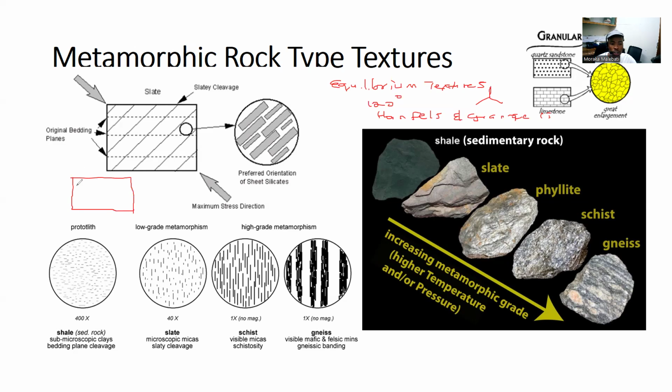This shale will have the relict sedimentary bedding. Let me write just S for sedimentary. So it will have relict sedimentary beddings. For example, shale or mudstone as a parent rock.